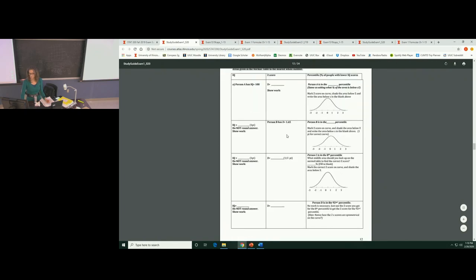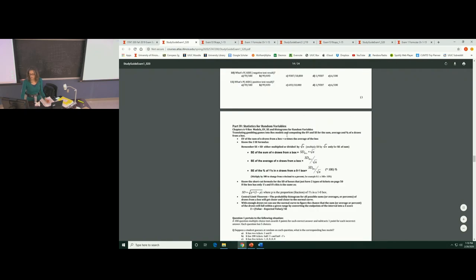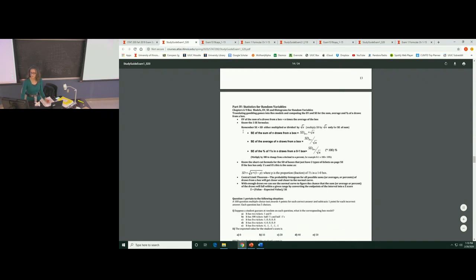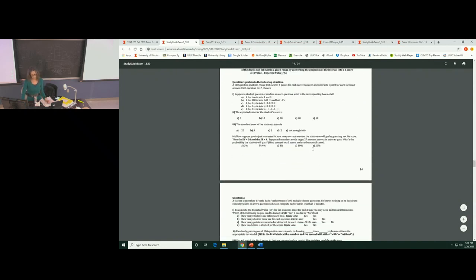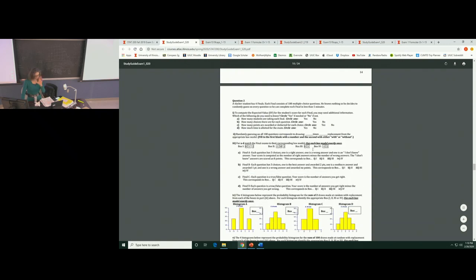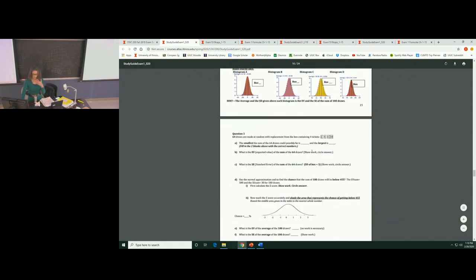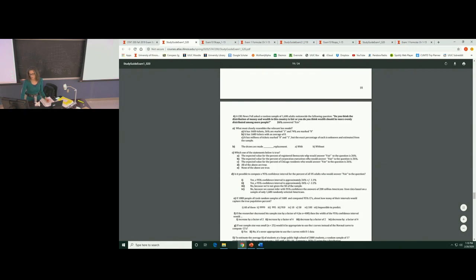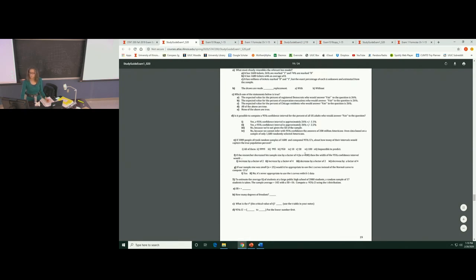It couldn't possibly be, but it just gives you tons of practice. Here, for example, it tells you what formulas you need to know and what you need to know before each chapter. So I think that's good, and go through it, and you don't have to do every problem if you know how to do them all. If you feel like you know them, but I would look at every problem. And it goes on for pages.